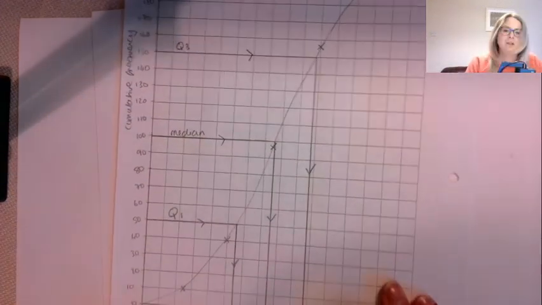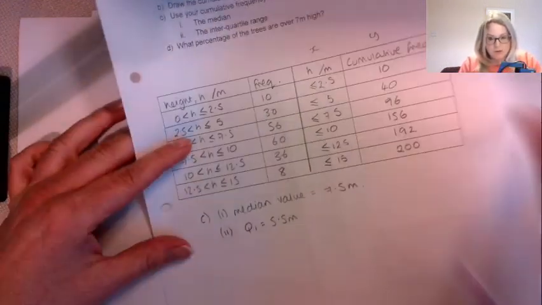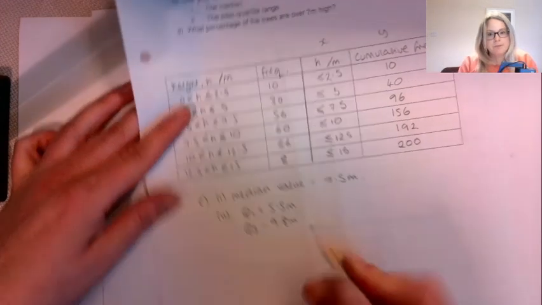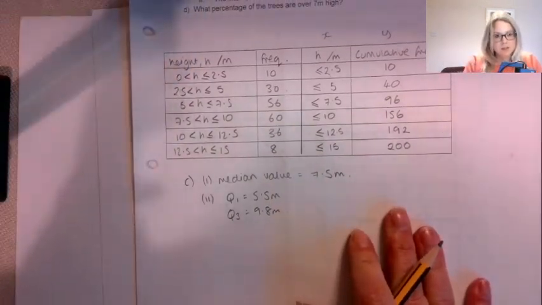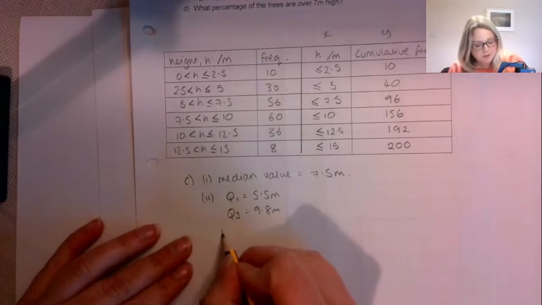So I'm going to call that, for mine, 9.8. You put whatever yours is. So Q3 is 9.8 meters. So this interquartile range tells us about the general spread, forgetting those extreme values.